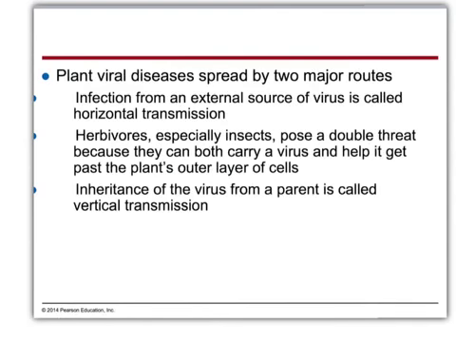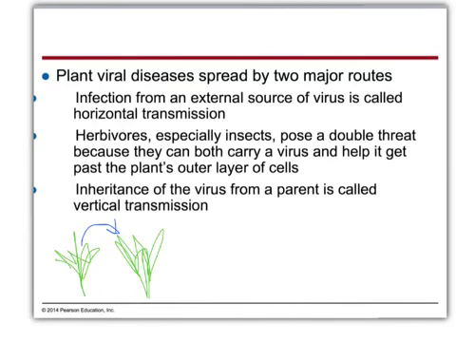And then plant viral disease is spread by two major routes: infection from an external source. So here's a happy plant. It's infected by virus. Here's another happy plant, and transmission goes from one plant to another. That's horizontal transmission.